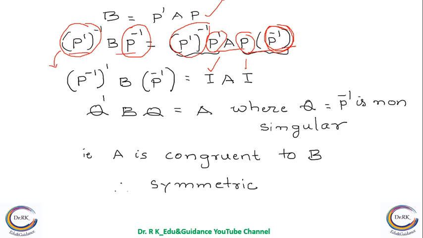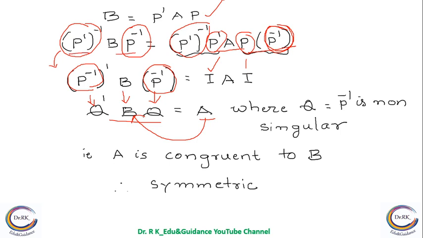Now if you see this arrangement, we have a matrix P inverse. Assume that this is a matrix Q, then this is B, and this is the matrix Q and its transpose. That means Q transpose BQ is A. Whenever we find some matrix transpose into that matrix equal to another matrix, we say this is congruent to that matrix.